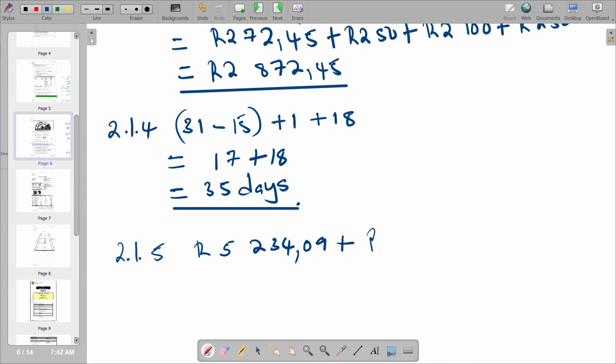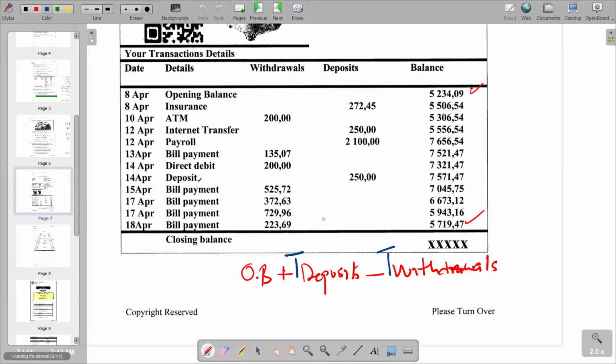Whereby we are saying 2,872 rands 45 cents, and then we subtract total withdrawals. So we get on this plus this plus this plus, and then we get our total here, which is going to be 2,387 rands 7 cents. So this is our total withdrawals.